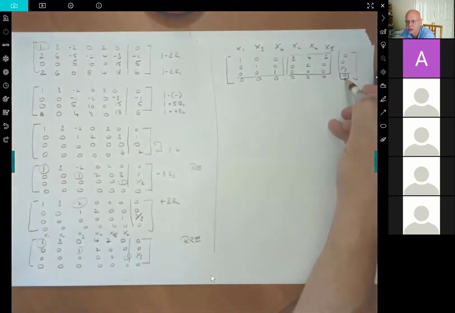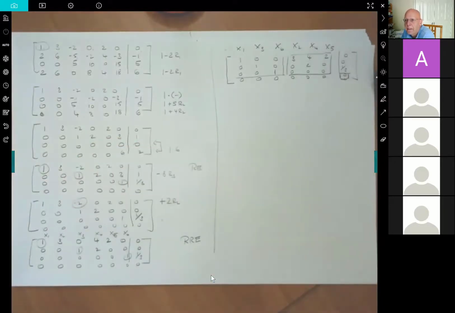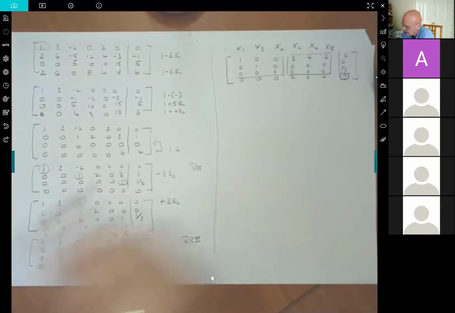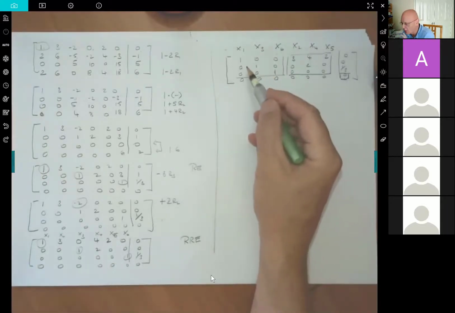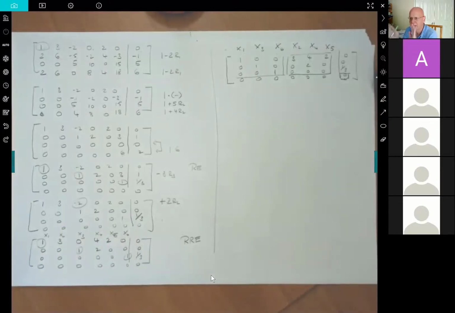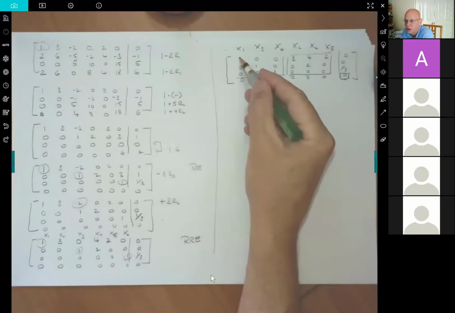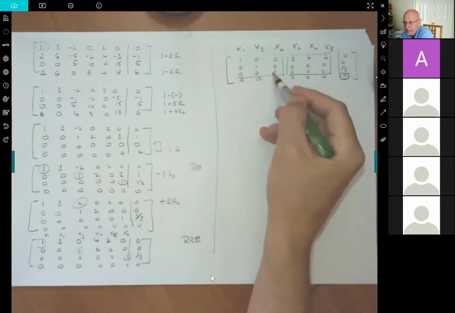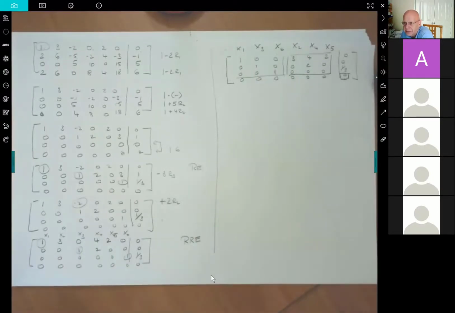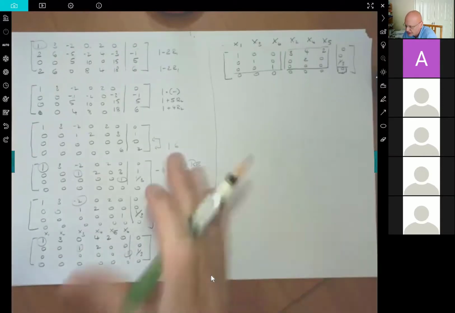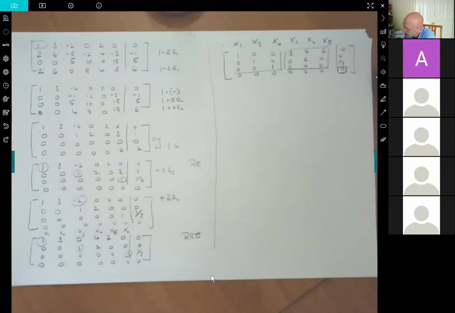But this guy is 0, so we know it's consistent. Okay, so you see always now what I mean by assuming that the columns are correctly ordered, we can always assume that in the reduced row echelon form at the beginning, there's an identity matrix. Otherwise, this is like what we always do since chapter 1.